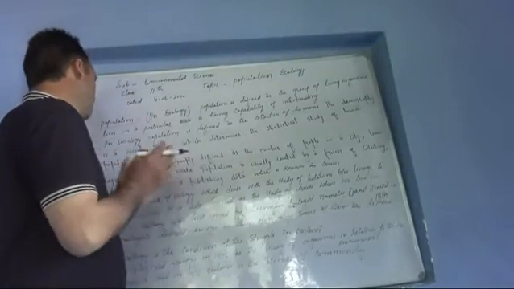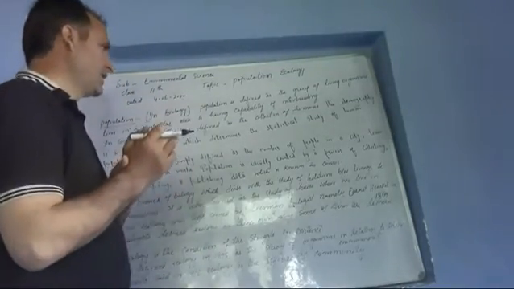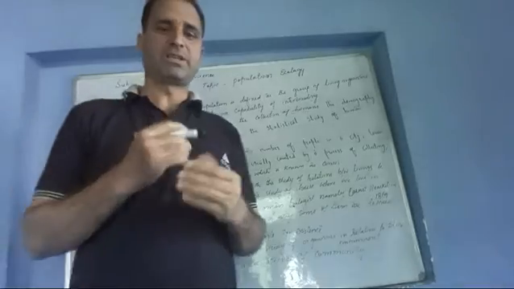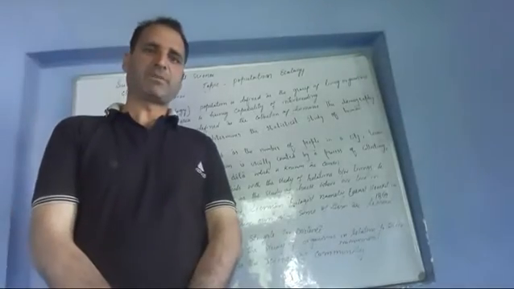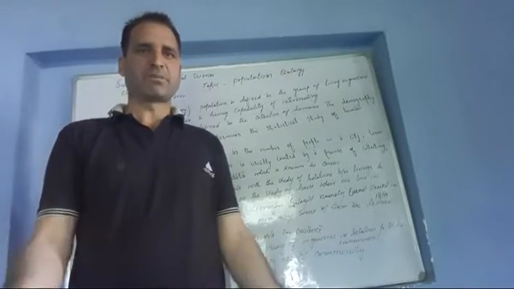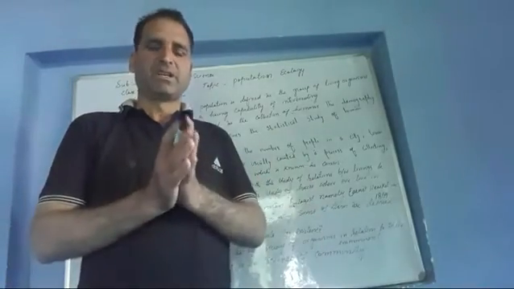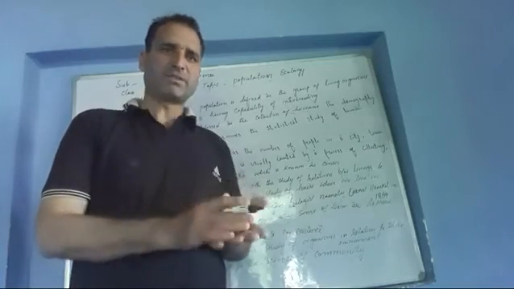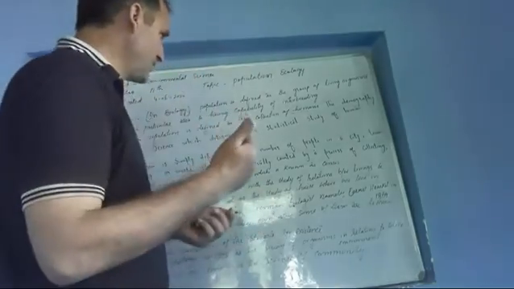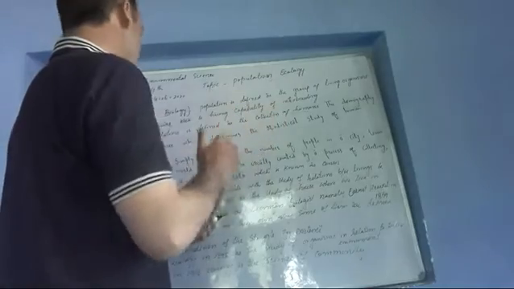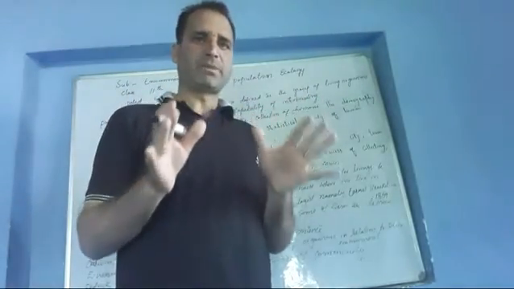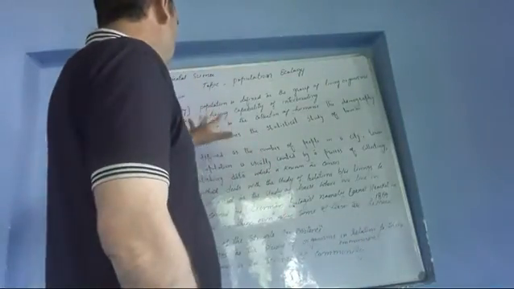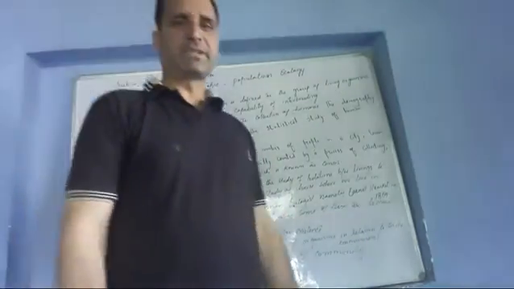Firstly, I will tell you about population. In biology, population is defined as a group of living organisms, whether plants, animals, herbs, shrubs, trees, unicellular or multicellular organisms, living in a particular area, whether temporarily or permanently, and having the capability of interbreeding.